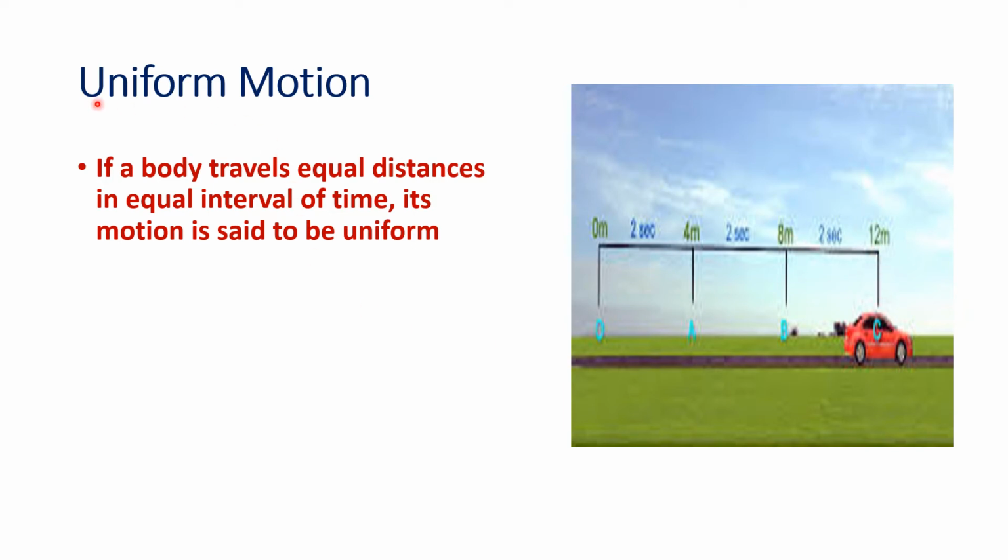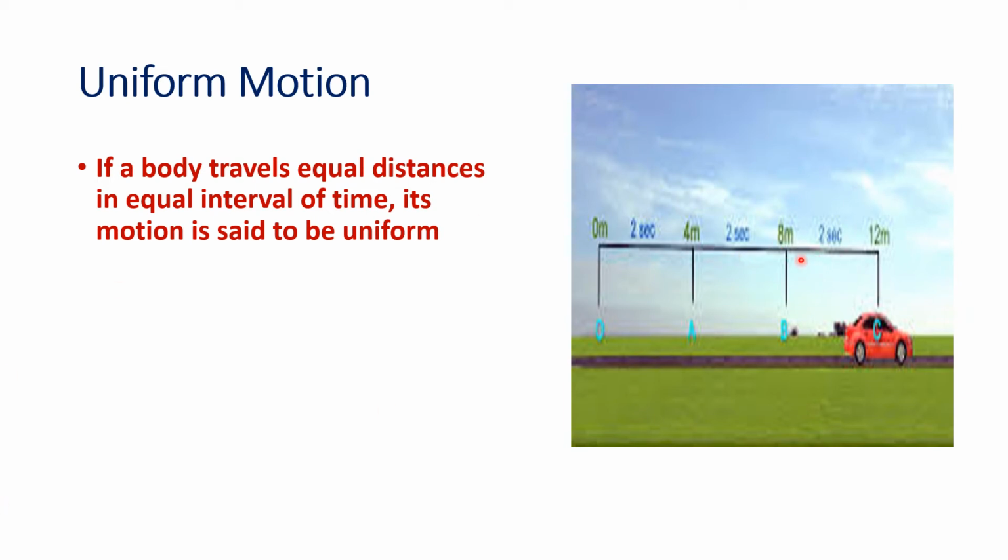So think whether its motion is uniform or non-uniform. Let us think. In every 2 seconds, how much distance is it moving? In the first 2 seconds, it moved from 0 to 4, so that is 4 meters. In the next 2 seconds, it goes from 4 to 8, so how much is that? 8 minus 4, that is again 4 meters.